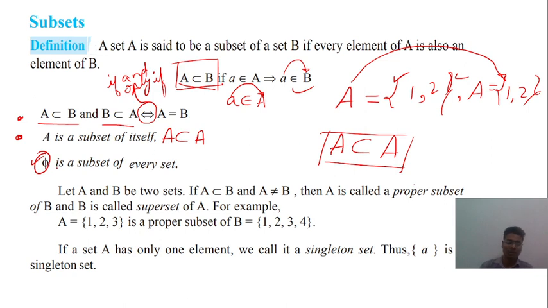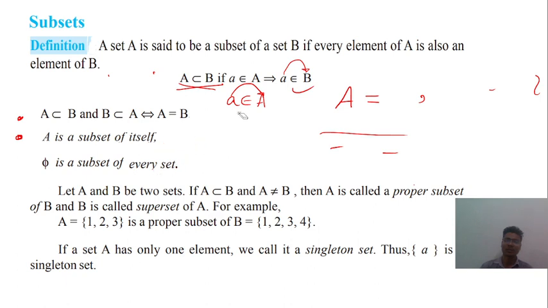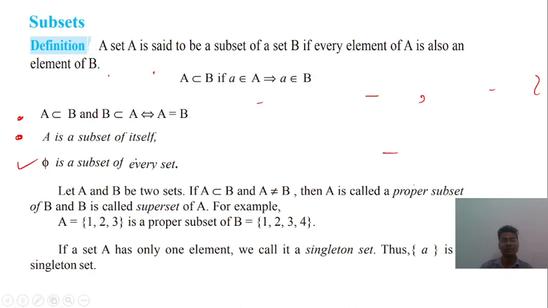So phi is a subset of every set. You will have to keep in mind these 3 points noted here: A is a subset of B and B is a subset of A only if A equals B, A is a subset of itself, and phi is a subset of every set.